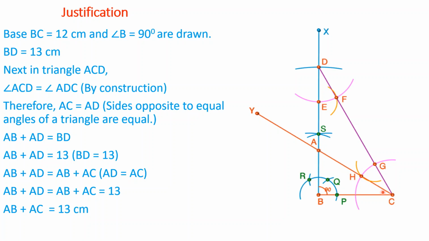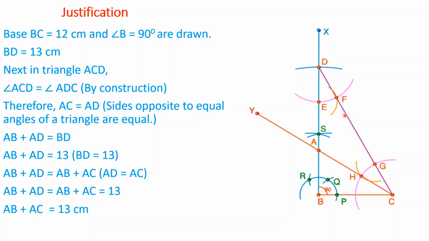Now see, we have drawn a 90 degree angle and the base BC, a 12 centimeter base, and at this angle B of 90 degrees we extended the ray, and BD is 13 centimeters. BD is 13 centimeters, which is the sum of AB and AC. So we have taken BD as 13 centimeters by construction, and after taking 13 centimeters on this ray BX, we join CD.